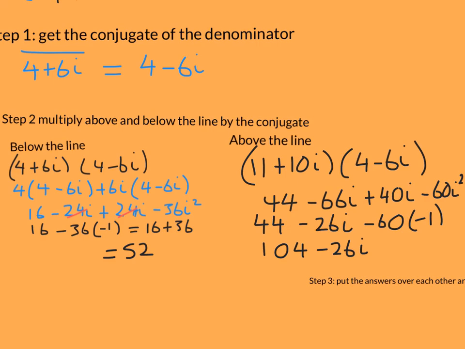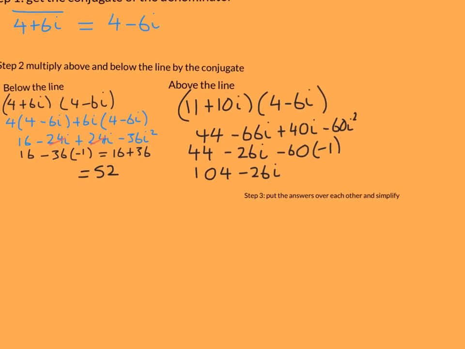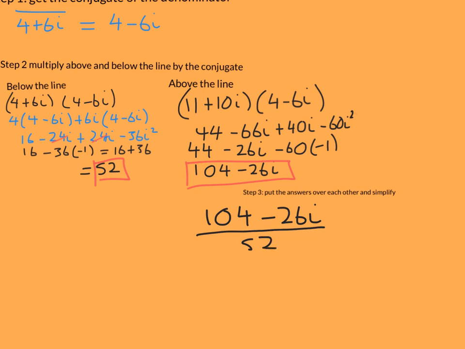The last part then in all of this, I'm going to take those two answers and put them on the top and bottom. The one I've just highlighted represents above the line, so that's 104 minus 26i, and the other one represents below the line, which is 52.